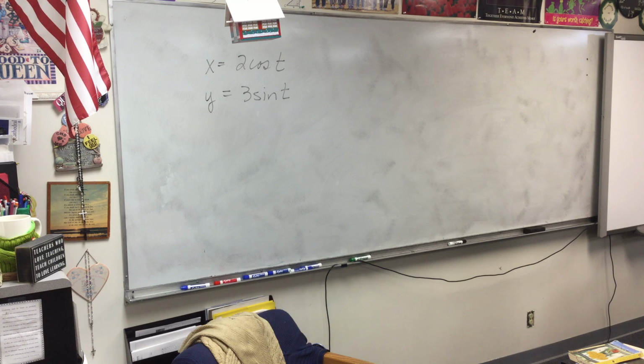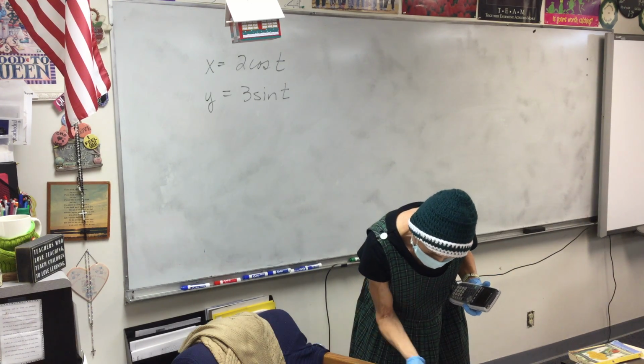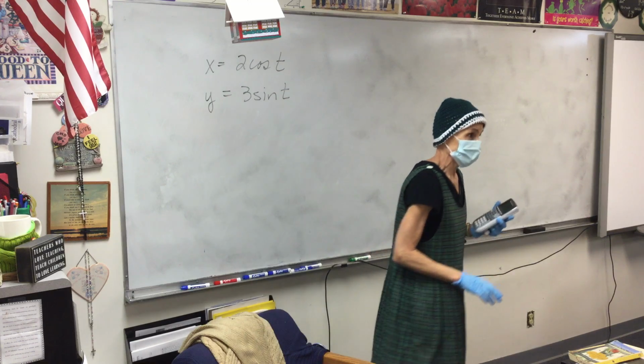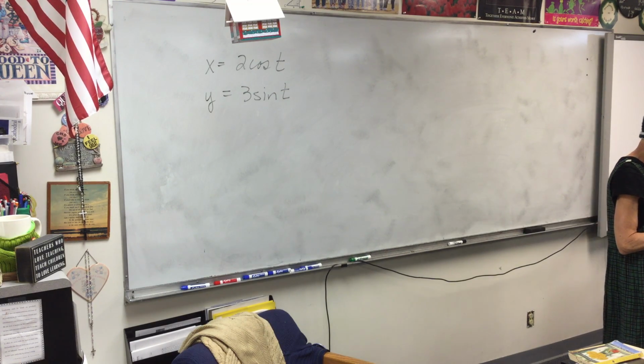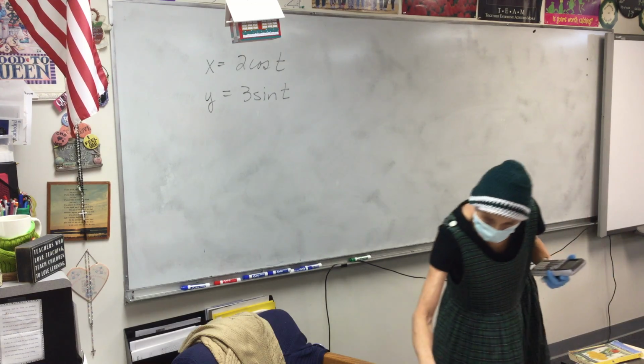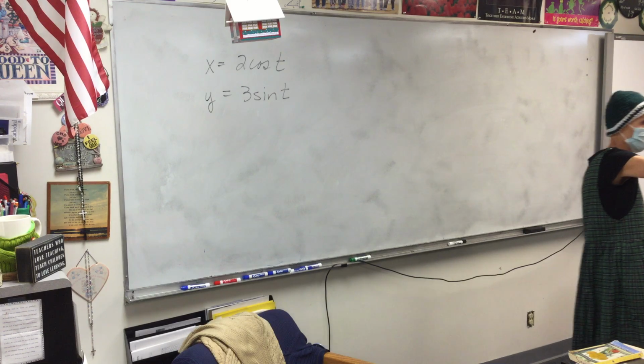I'm going to click over and highlight parametric. Now, because of the directions on the sheet, let's set our calculator in radians, because the directions say 0 to 2 pi. That points around our circle.